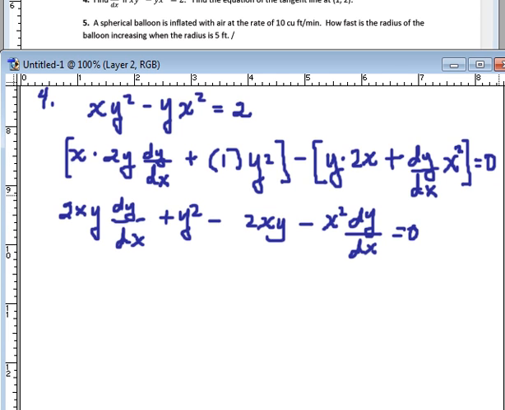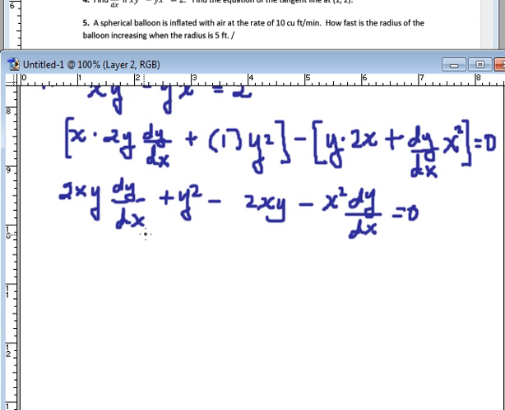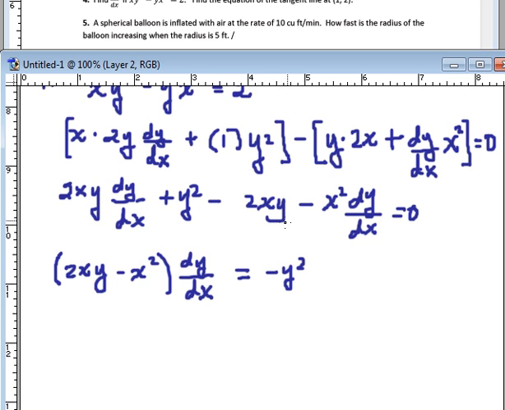Now what we're going to do is rearrange this. Let's factor out the dy dx, and in front of this dy dx we have 2xy minus x squared, and all of that is times dy dx equal, and on the other side of the equation we'll put everything that doesn't contain dy dx. We'll have a minus y squared when this is brought to the other side, and a plus 2xy when this is brought to the other side.